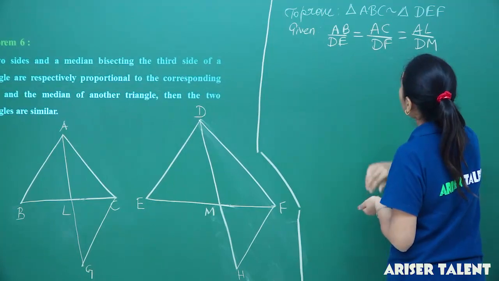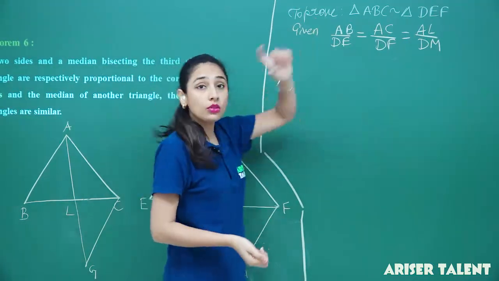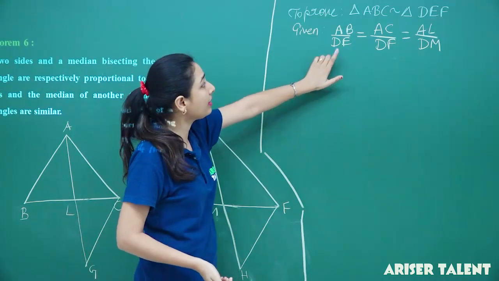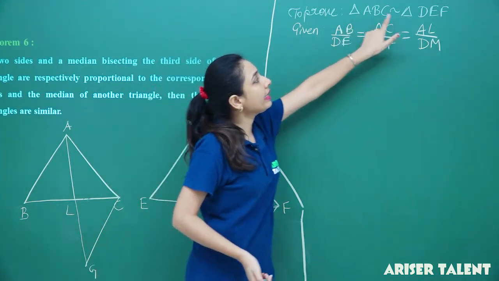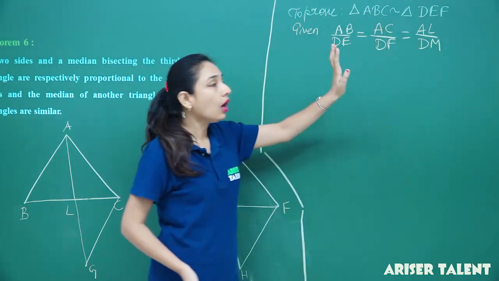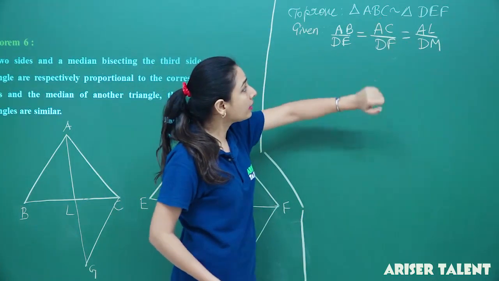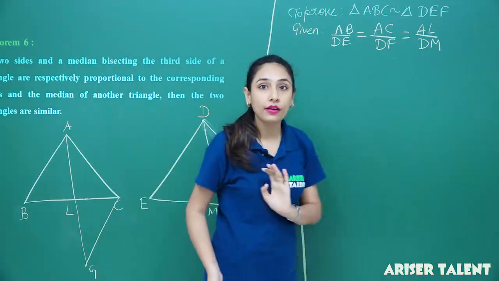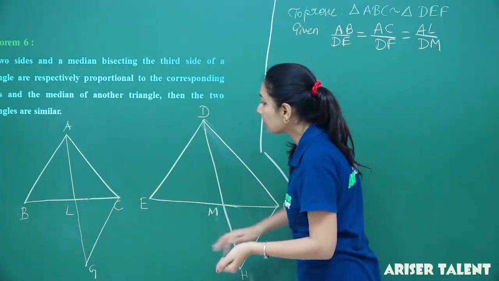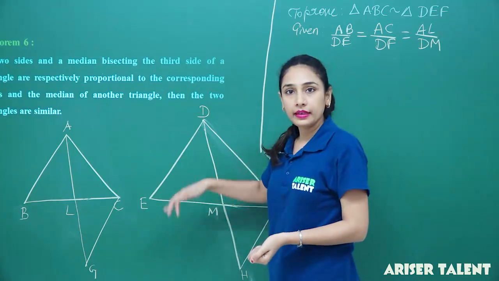Now, if I have to prove these two triangles similar, then look carefully. I am already having the terms AB by DE and AC by DF. So what I am looking for is that I should also have a term here like BC by EF. Now, this is BC and this is EF.